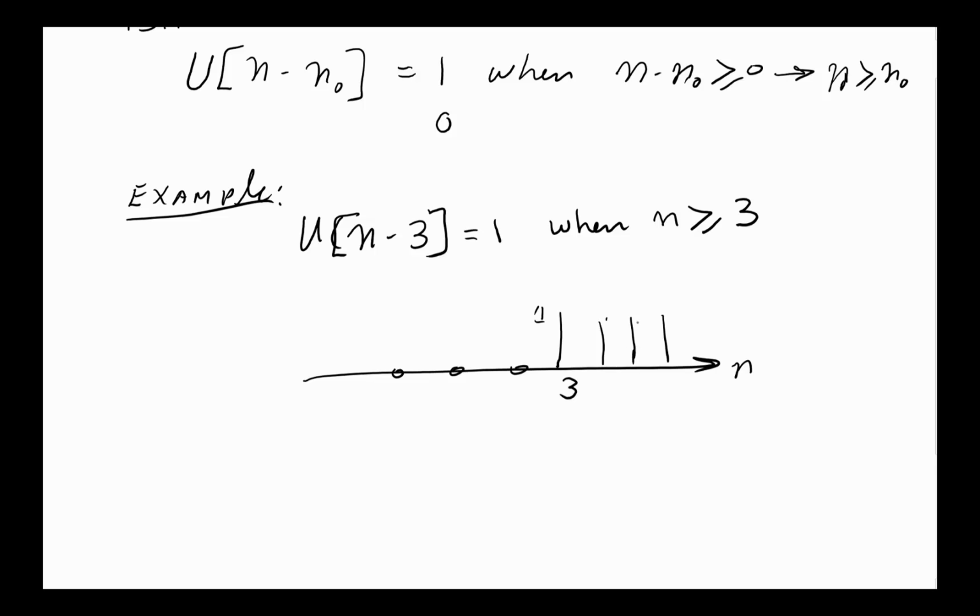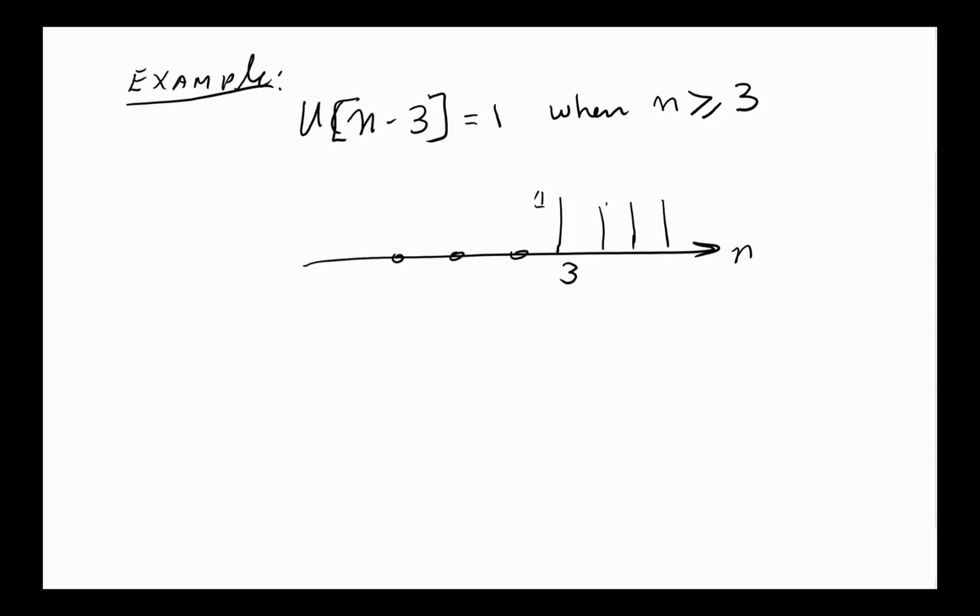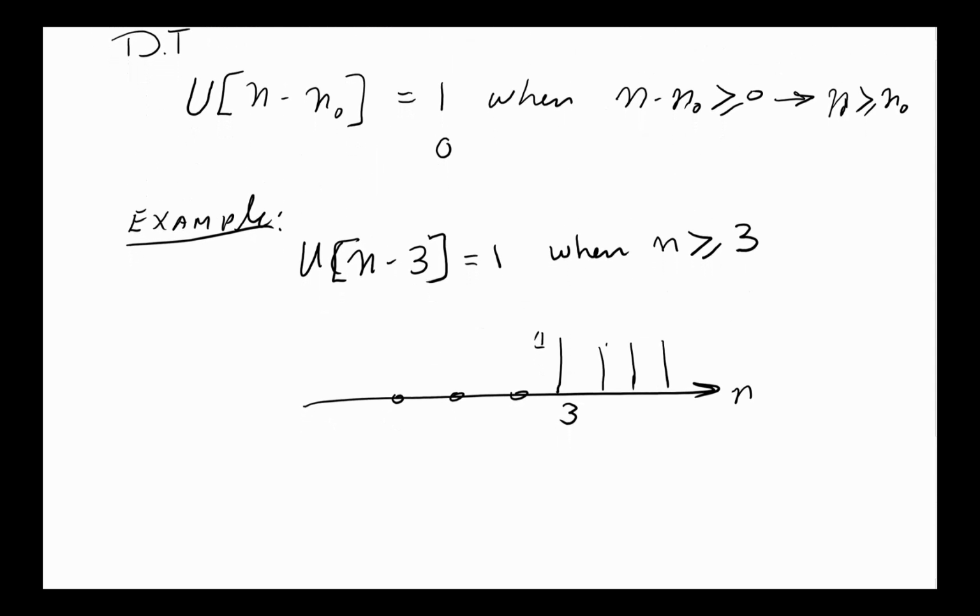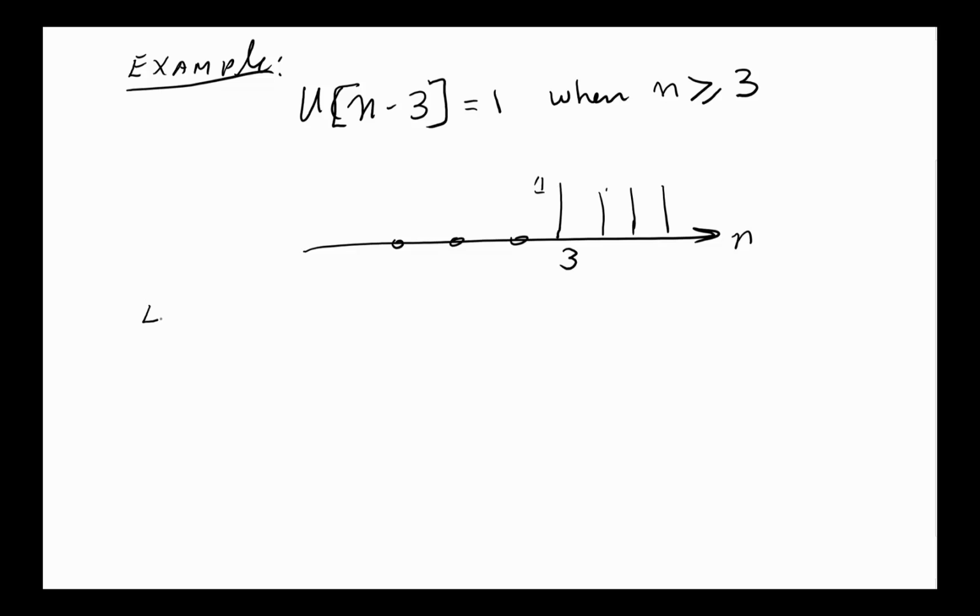Now let's see if we can apply the definition in a very general form. Let's do another quick example, and this time it's a little bit different: u of 3 minus n. Take a minute and see if you can come up with what that means. What is it saying to us? Based on the definition, this is equal to 1 when what's inside the square bracket is larger than or equal to 0.